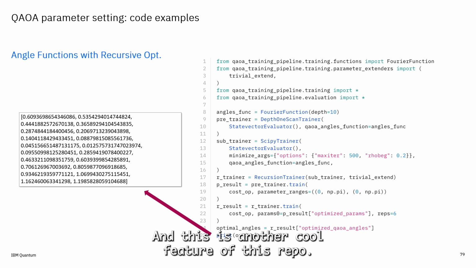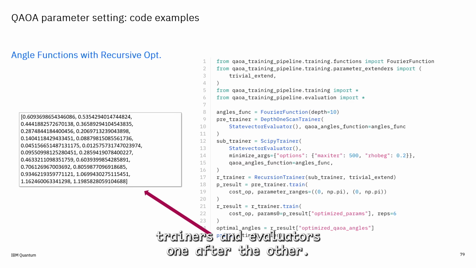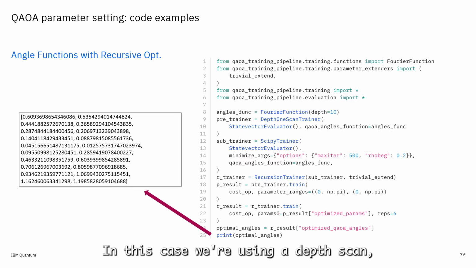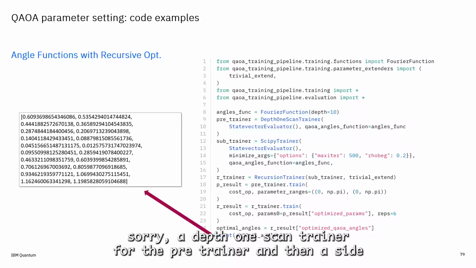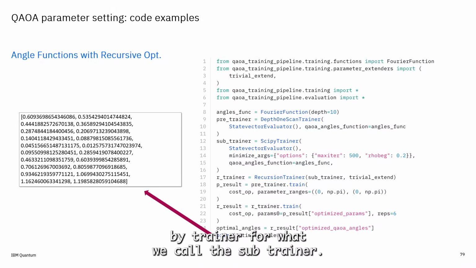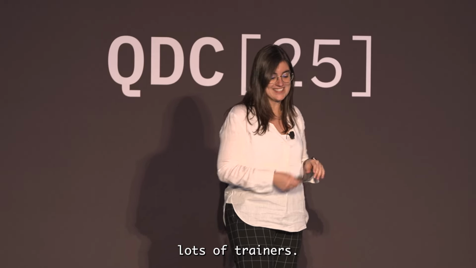And this is another cool feature of this repo, and it's that you can actually just plug trainers and evaluators one after the other. In this case, we're using a depth 1 scan trainer for the pre-trainer, and then a SciPy trainer for what we call the sub-trainer. And then we have a recursion trainer. Lots of trainers.